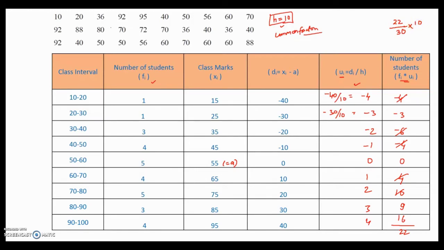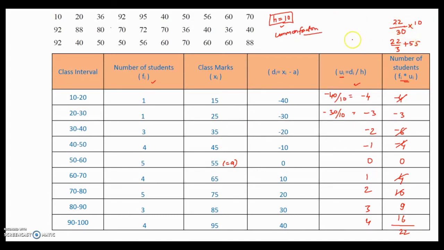So this will become 22 by 3. Now 22 by 3, you will have to add to the assumed mean. What was the assumed mean? The assumed mean was 55. So you finally add 55 to this because you had subtracted 55, so you have to add 55 back.